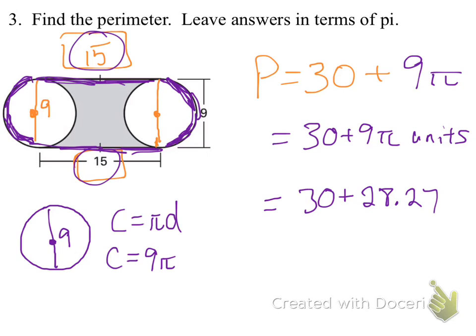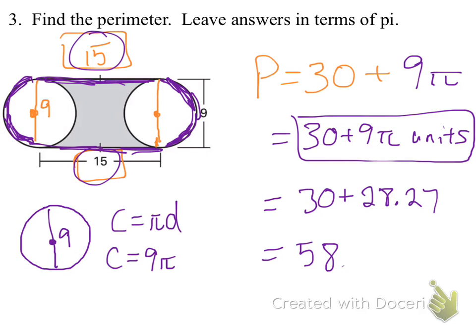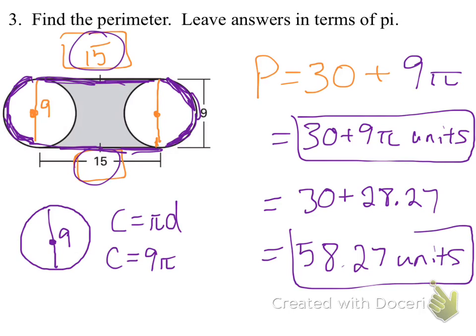So let's go ahead and add those together, and our perimeter, and again, this right here would be perfect for terms of pi. But 30 plus 28.27, we just do a little math, 58.27 units. And not squared, not cubed, it is just simply units. They didn't give us units, so that's why I said units instead of inches or centimeters.